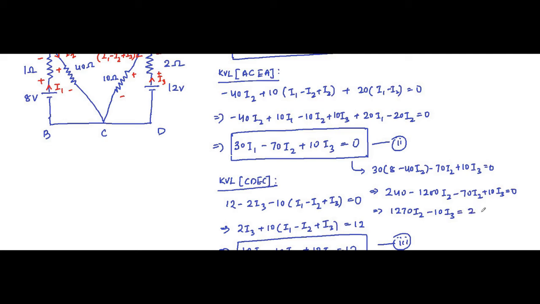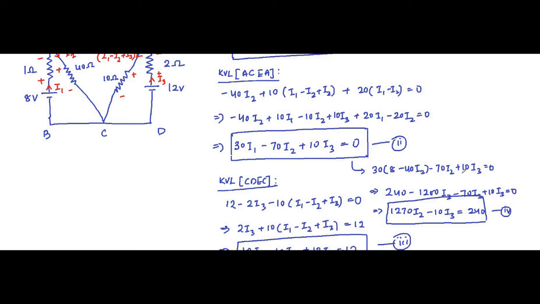So what we have done, we have taken this whole thing to the other side. 1200 plus 70, that is total that much I2, and this plus 10 I3 going to the other side becomes minus 10 I3. So let's call it equation 4. This 1270 I2 minus 10 I3 is equal to 240.